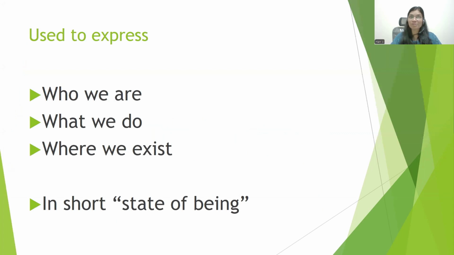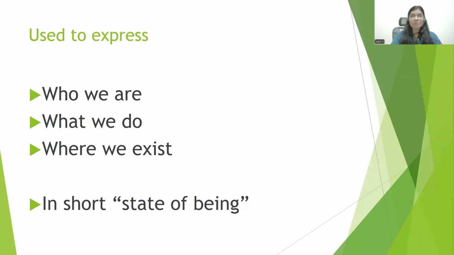It's unique because of a couple of reasons. Before we get into why this is unique, I want you to think about how it is used in our everyday life. It is used to express who we are, what we do, where we exist. So in short, it is used to express our state of being.